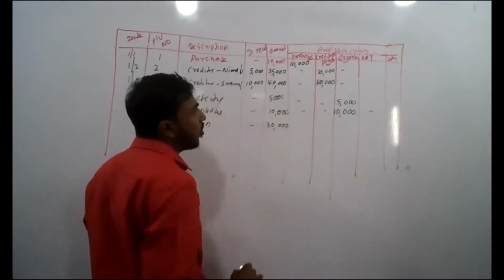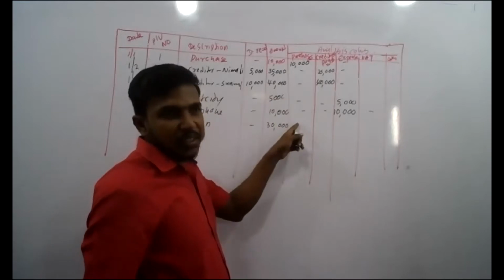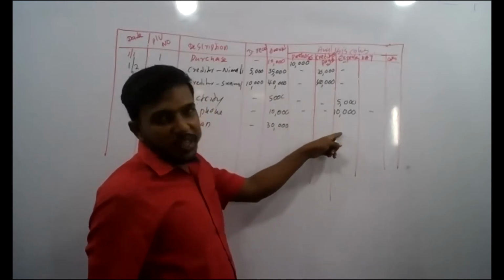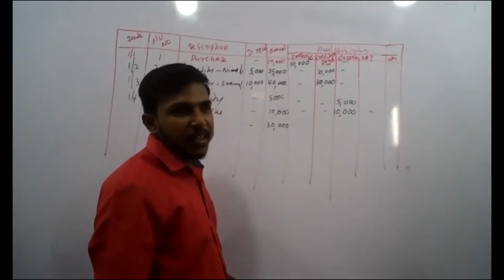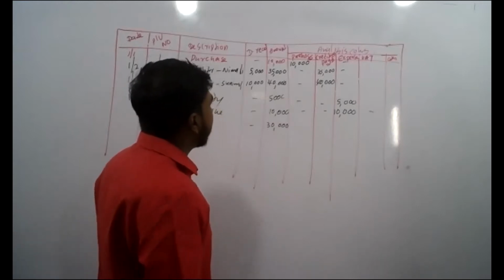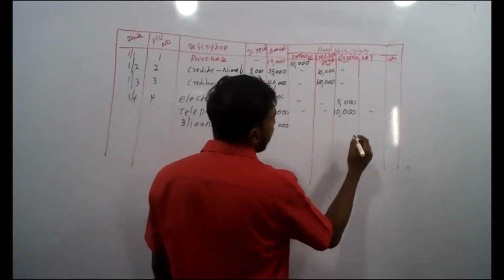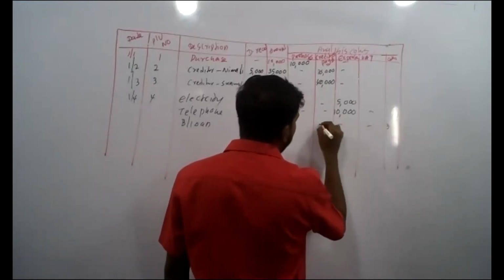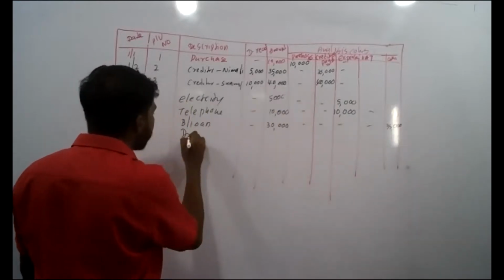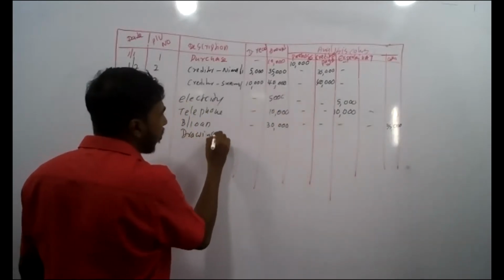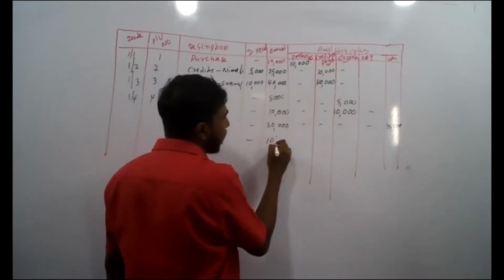What should be the column to be selected? Purchases, creditors payments, expenses, VAT, or the other column? 30,000 is the bank loan repayment, so it's the other, not the expenses, it's a liability settlement. Then we will say drawings, 10,000.